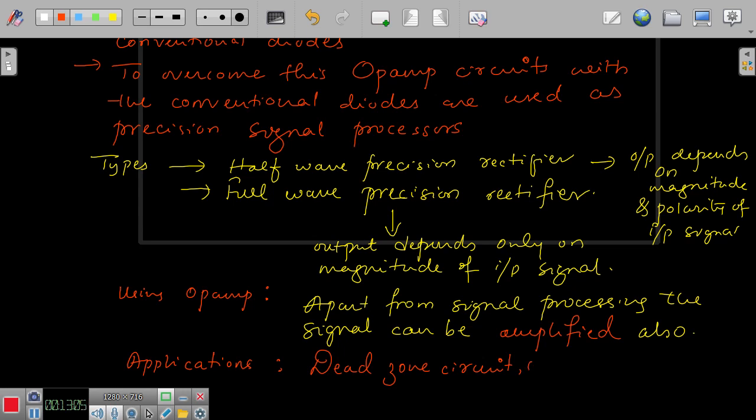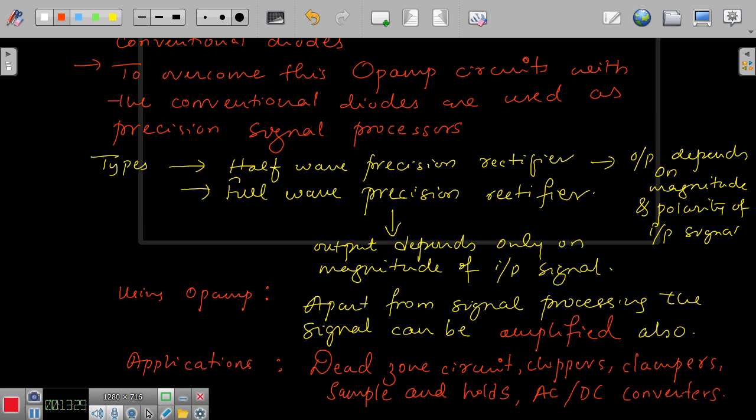So you have the clippers, right? You know what clippers are? You have the clampers, right? You have something called sample and hold circuits. All these things we will discuss as applicable to our curriculum. Then AC or DC converters. These are some of the important applications of our precision rectifiers, right?